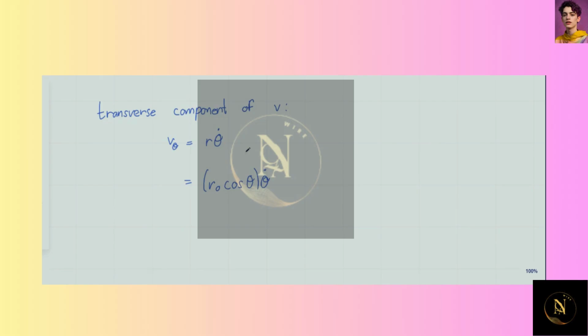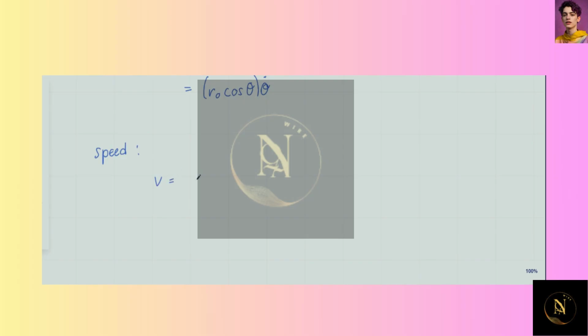So now we have both the radial and the transverse components of the velocity, and so we can find the speed of the particle v. So v, we know, is simply the square root of the sum of squares of the radial and transverse components. It's Vr squared plus V theta squared. And this simplifies to r naught theta dot.